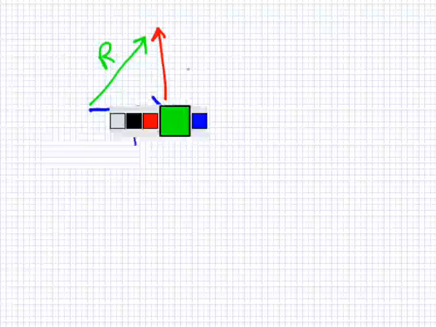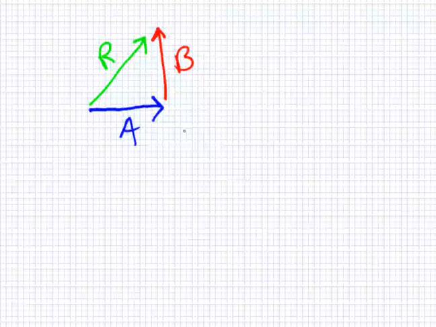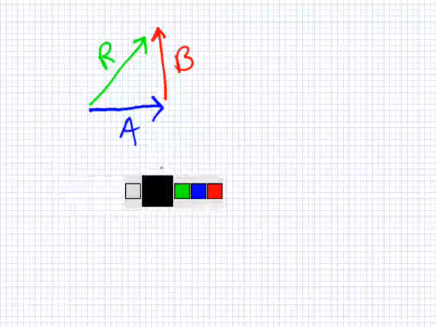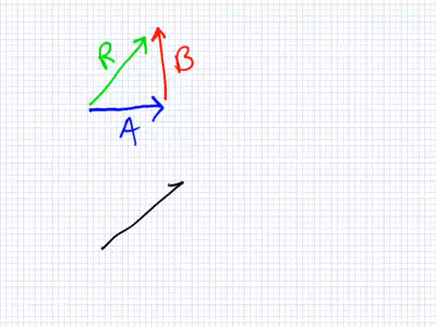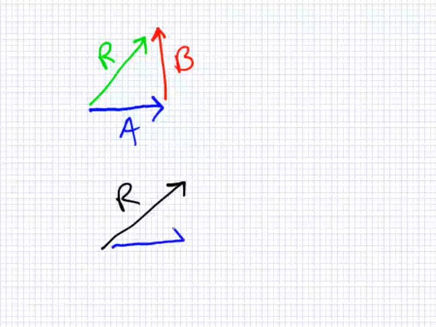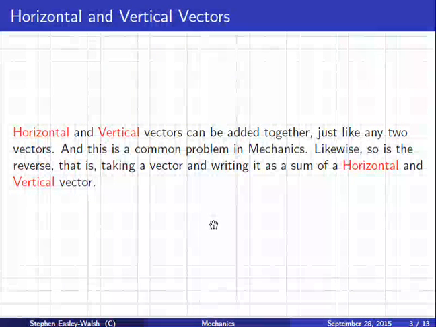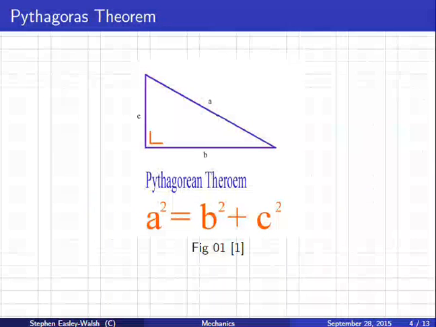And using the vector triangle we did last time, this is the resultant vector. So what we want to do today is, if I give you the resultant vector, can we go backwards? Can we find what this vector is? And can we find what this vector is?